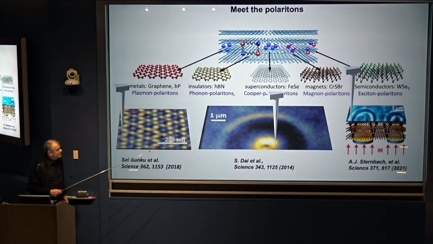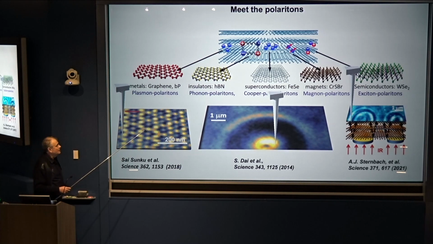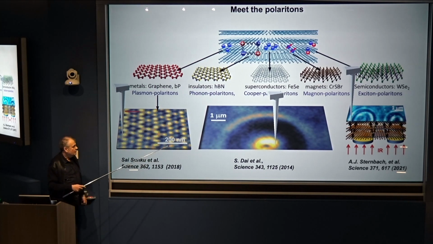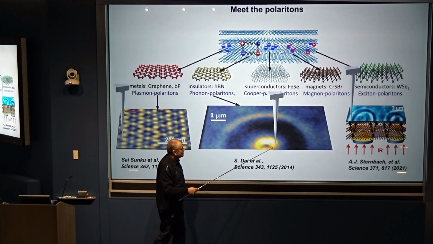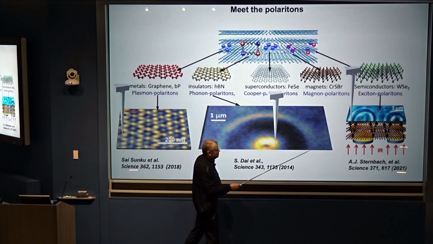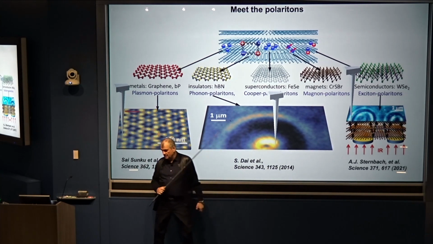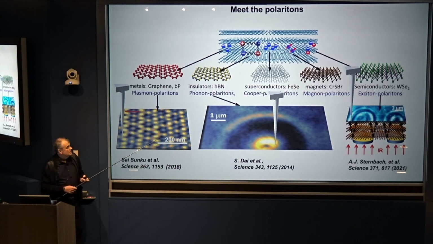And this is a little gallery of polaritonic images that I prepared. This is how textures due to plasma polaritons propagating in the network of very narrow domain walls look like. These are phonon polaritons in crystals of boron nitride. These are exciton polaritons that we produced on demand in tungsten selenide.